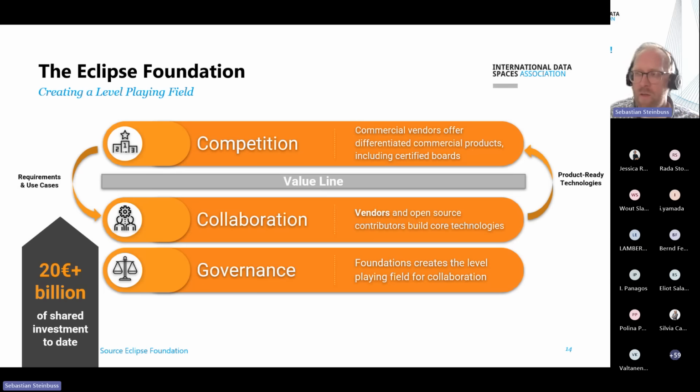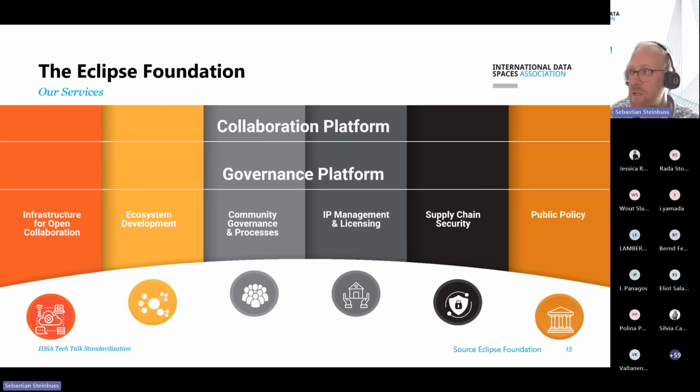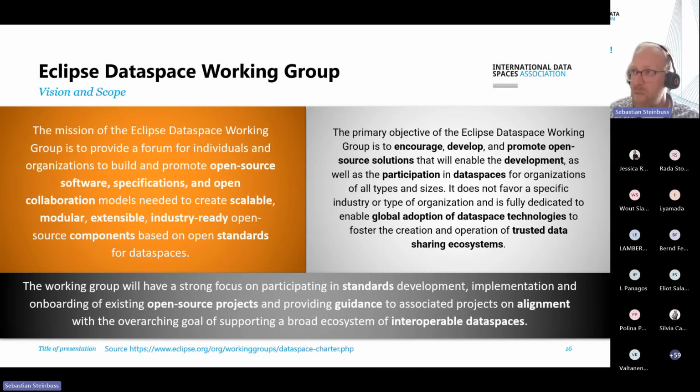So this is a little bit where the Eclipse Foundation is positioned, really on providing a good governance to foster collaboration to come up with something together. And there we've established the Eclipse Dataspace Working Group with a clear vision and scope: that this working group wants to provide specifications and open source software to act as a foundation for data spaces in the end. So to bring minimum solutions that you need, especially when it comes to interoperability for the data exchange.